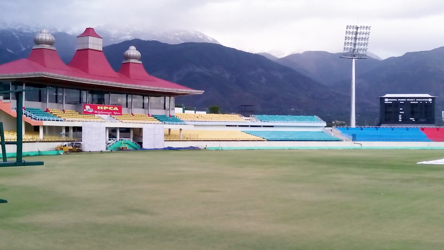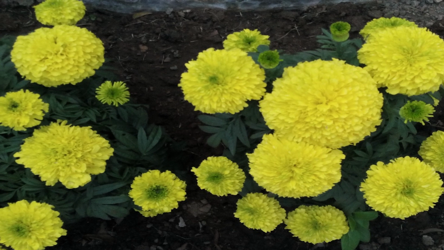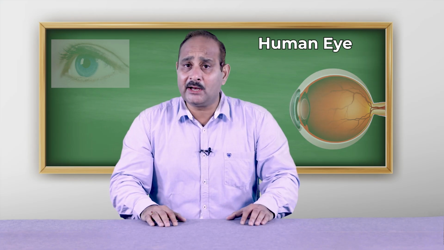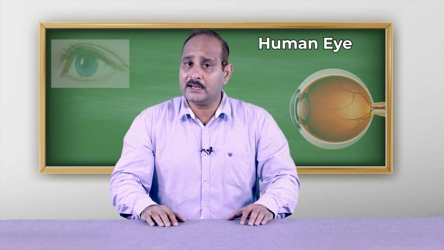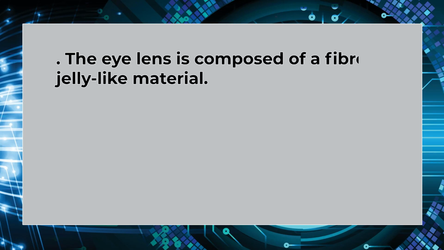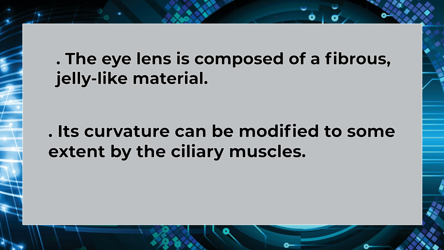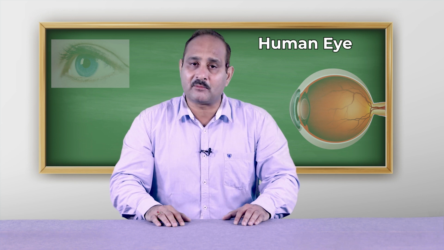What we understand is that we can focus on distant objects as well as nearby objects using our eye, and the ability of the eye lens to adjust its focal length is called accommodation. As I told earlier, the eye lens is composed of a fibrous jelly-like material and its curvature can be modified by the ciliary muscles. Hence, the focal length can be changed as per the requirement.